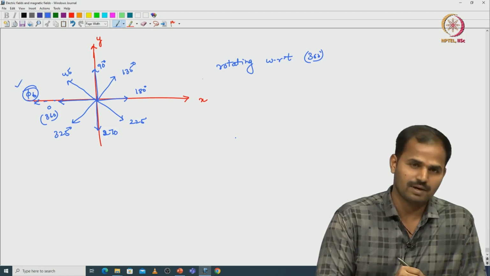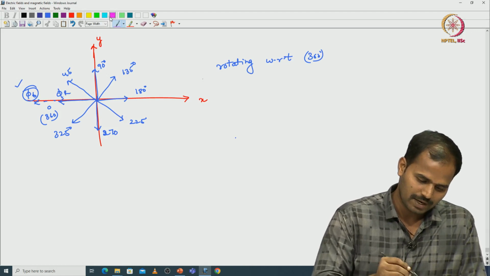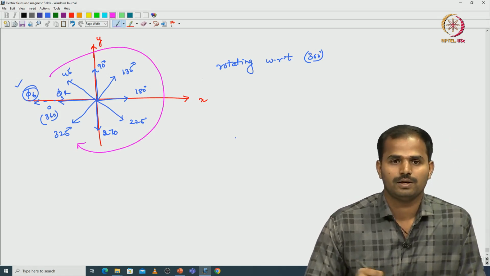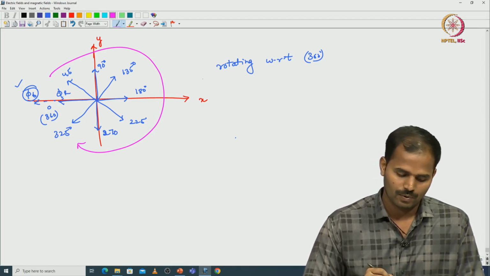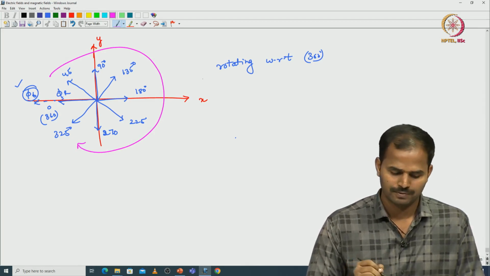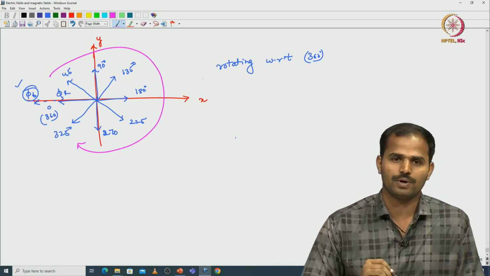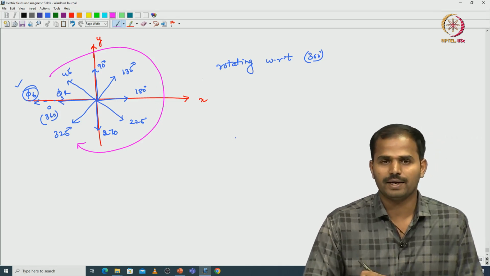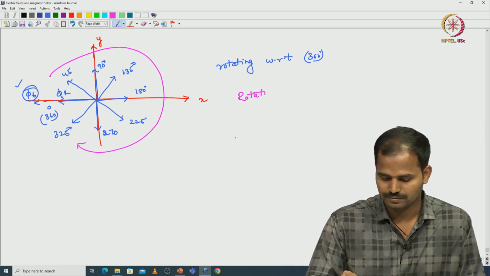With respect to this reference, the resultant flux vector is rotating symmetrically, right, 360 degrees with respect to one particular cycle of a current. And if we give a continuous AC signal, then this vector keeps on rotating. Because of this reason, this kind of magnetic field we call a rotating magnetic field.